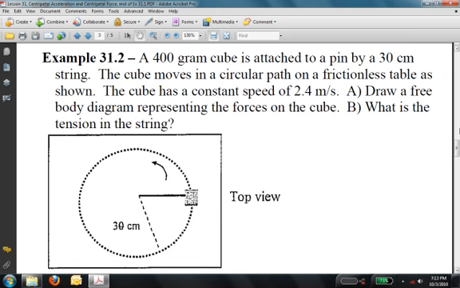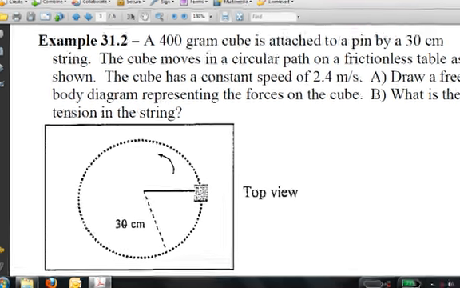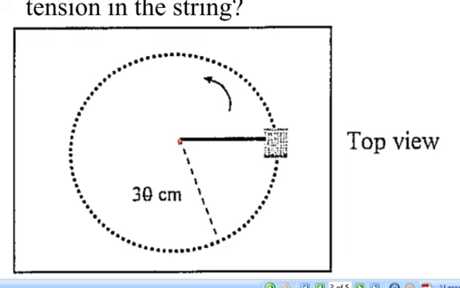Okay, now here's what this situation is. Somehow there's a pin right here in the center of this table that is whirling this cube around on the end of a string. We're not worried about the mechanism by which that happens, we're just supposing that it does.